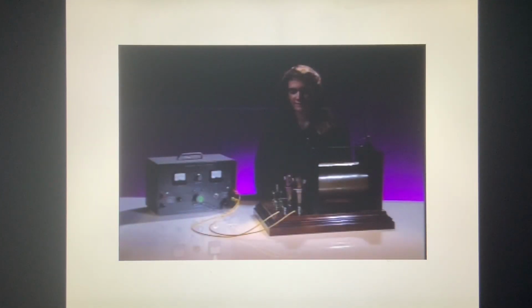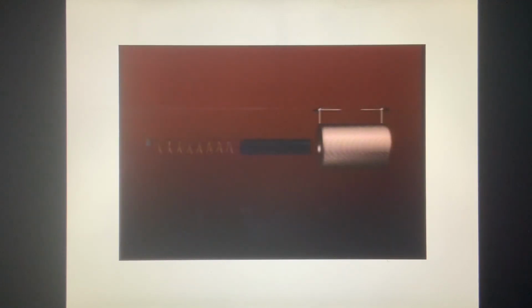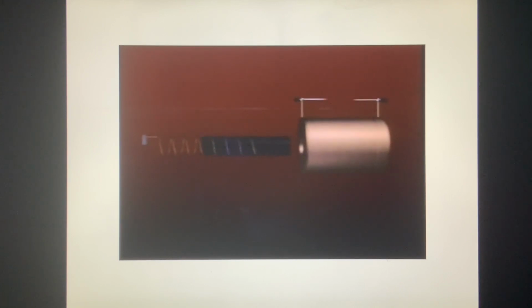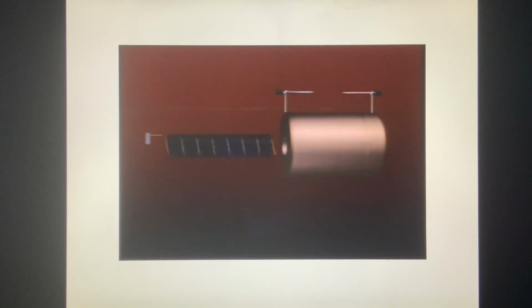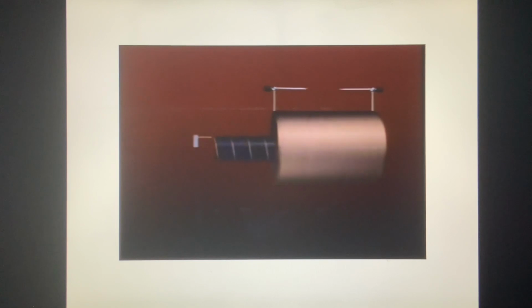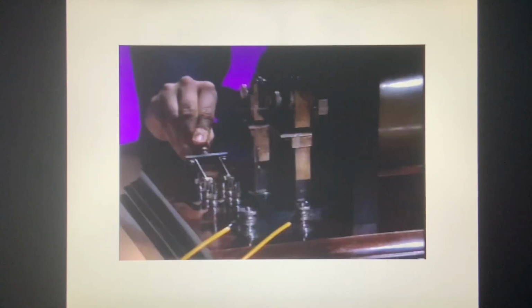The high voltage for the spark plugs in a car is produced by a device called an induction coil. We'll use this induction coil to show the effect. Two coils are wrapped around a common iron core. The primary coil has a small number of turns made of relatively thick wire. The secondary coil has a much higher number of windings of thinner wire.